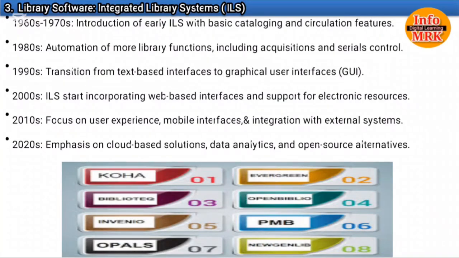In 2020, the emphasis is on cloud-based solutions, data analytics and open source alternatives. In this era, Koha, Evergreen, OpenBiblio and other applications are used as integrated library systems for making library operations stronger and facilitating user services.